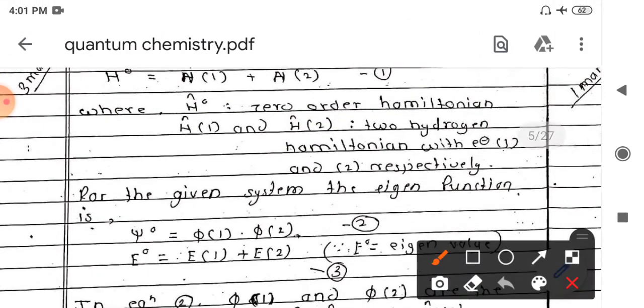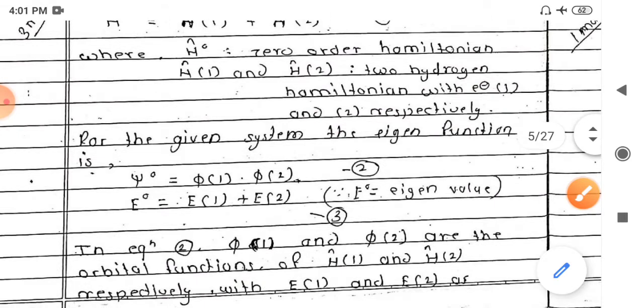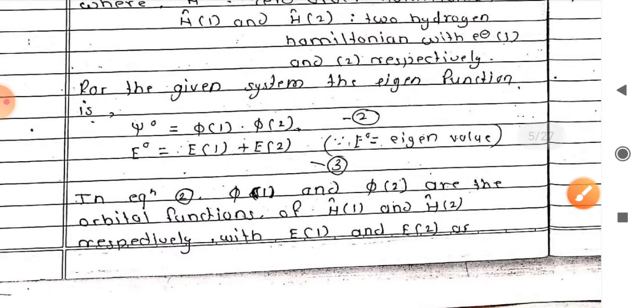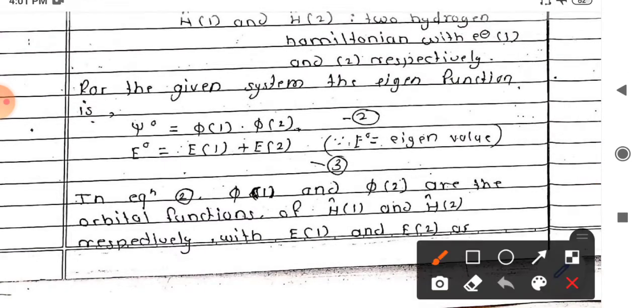Where H0 is what? Zero order Hamiltonian, which is the overall energy of the system. H1 and H2 are what? The two hydrogen atom Hamiltonians for electron 1 and electron 2. So for the given system the eigenfunctions are what?